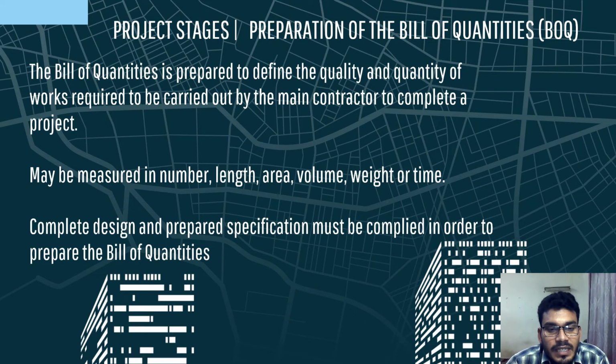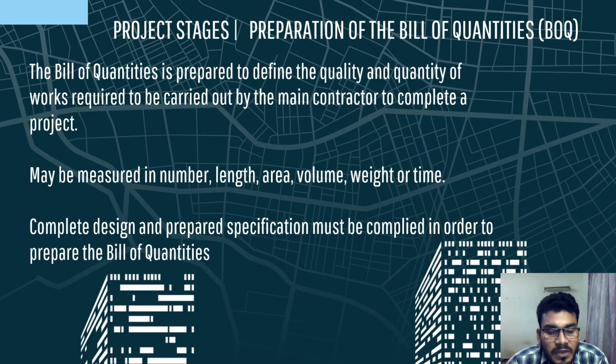The third project stage is the preparation of the bill of quantities. The bill of quantities is prepared to identify the quantity of work required to be carried out by the main contractor to complete a project. It may be measured in number, length, area, volume, weight or time.